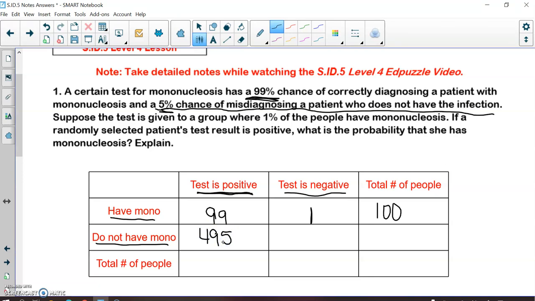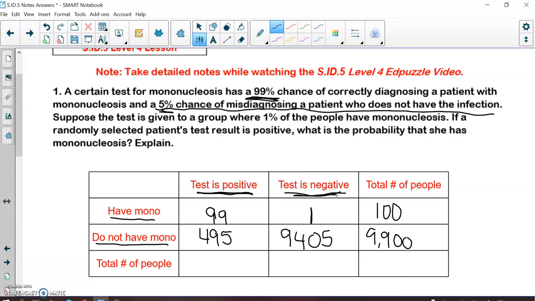Which means that out of the 9,900 people left, 9,900 minus the 495 people in this category would leave me with 9,405 people who don't have mono and they correctly test as negative.